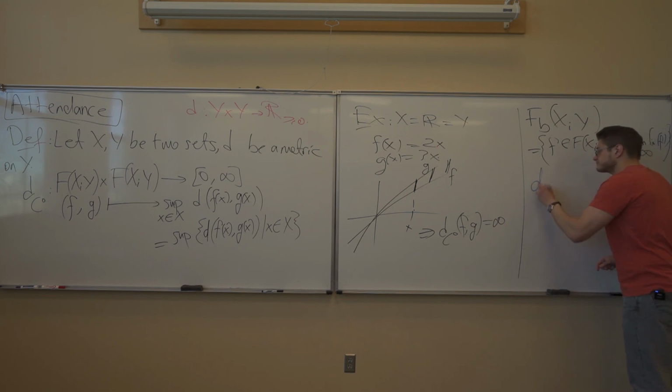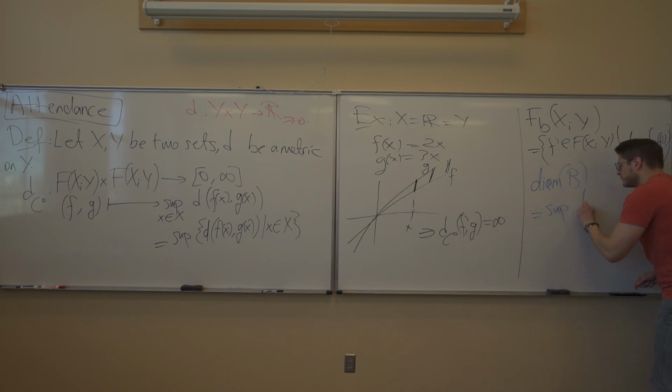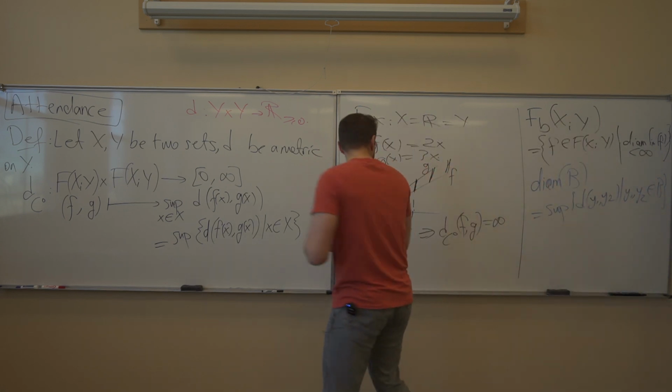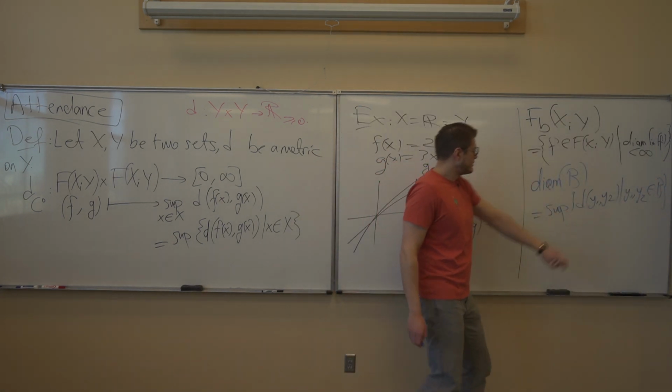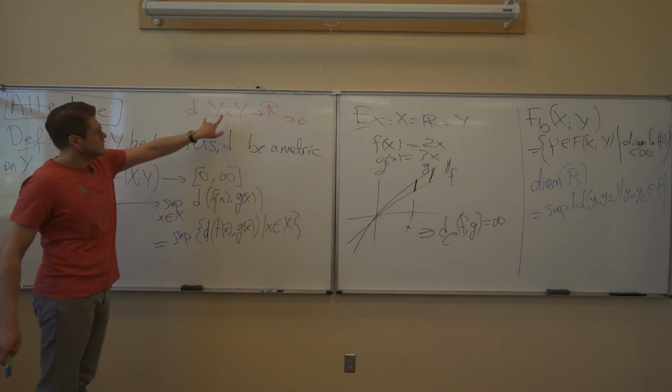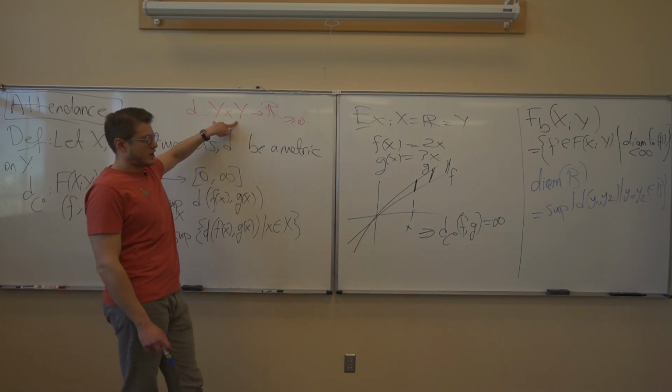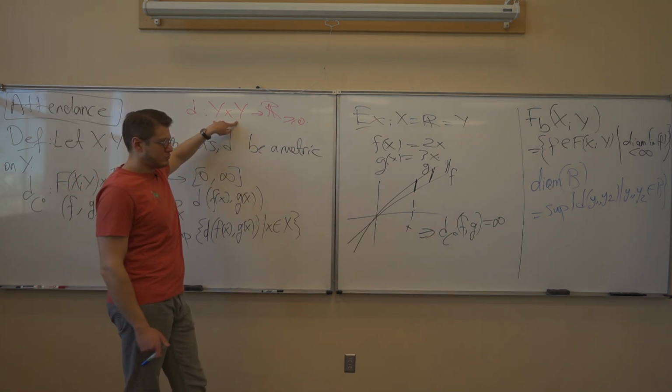And so the diameter of a subset B is nothing but the sup of the set of d(y1, y2), where y1 and y2 vary in B. Again, this d is the same d as this. I take 2 points in Y, plug them in.